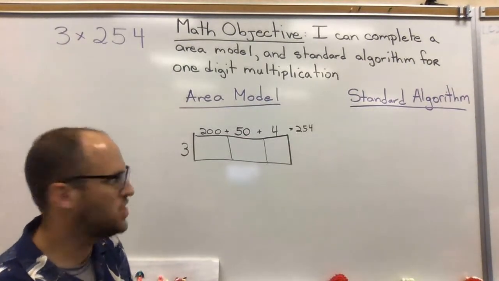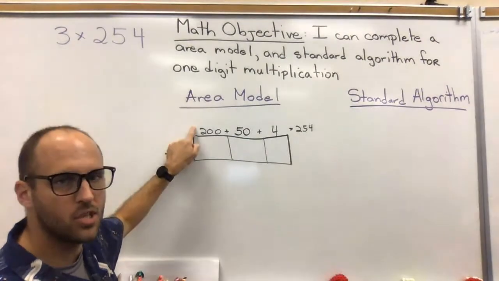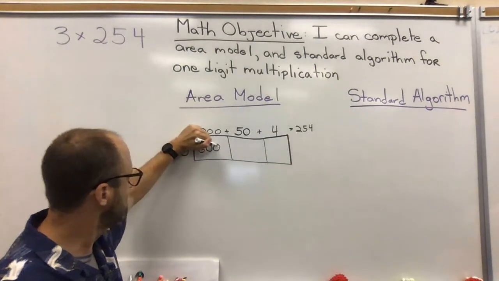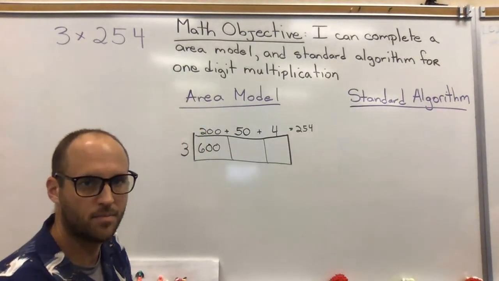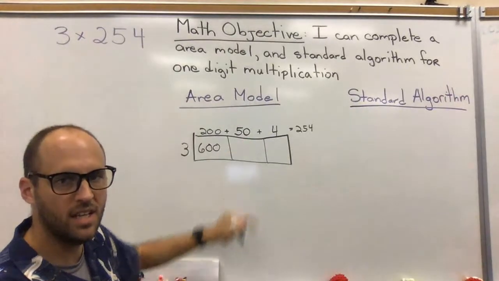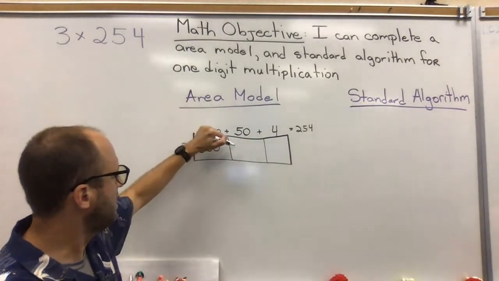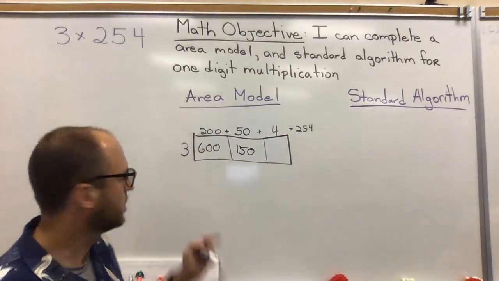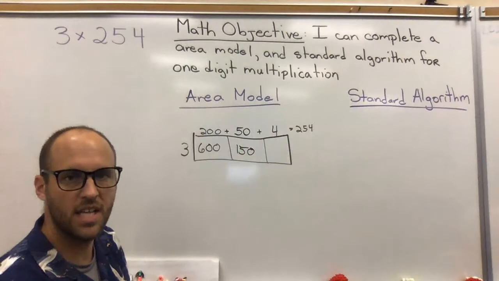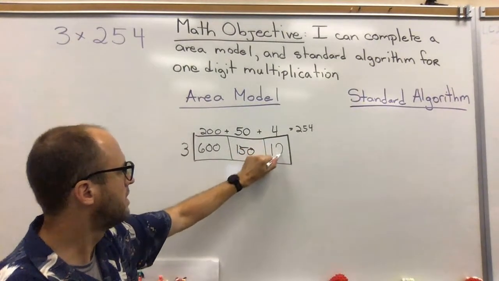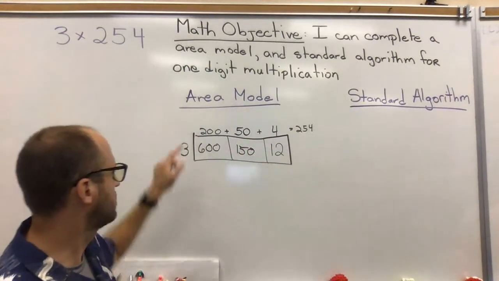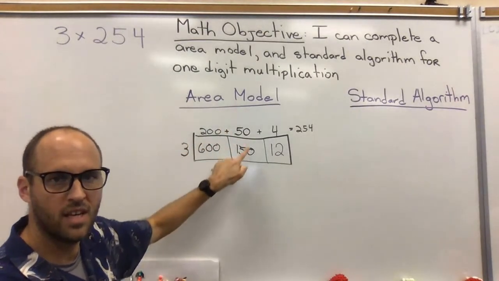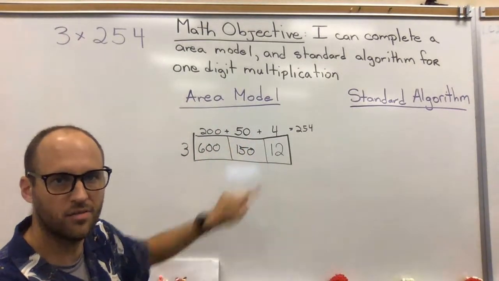Now you do the multiplication. 3 times 200, 3 times 2 is 6, with 2 zeros, so you get 600 in that box. 3 times 50 is 3 times 5, which is 15, and that 0 goes to the end, which is 150. And then 3 times 4 is 12, and that's how you get each box. 200 times 3 is 600, 50 times 3 is 150, 4 times 3 is 12.